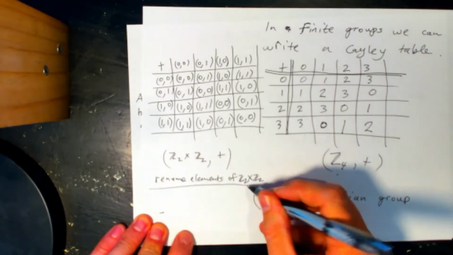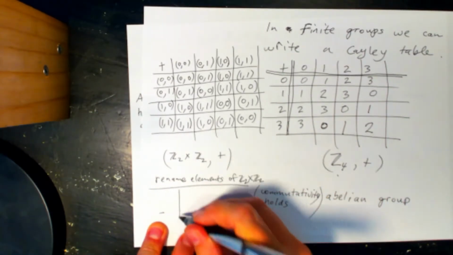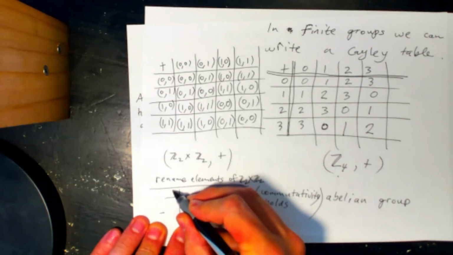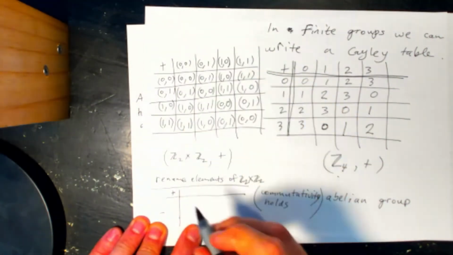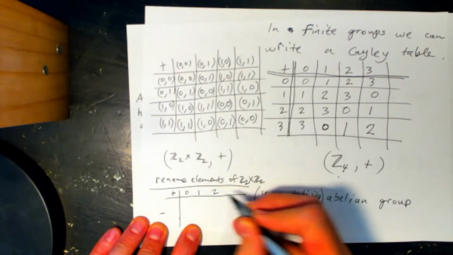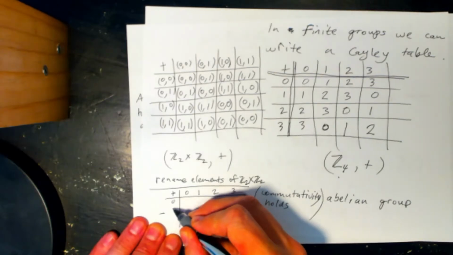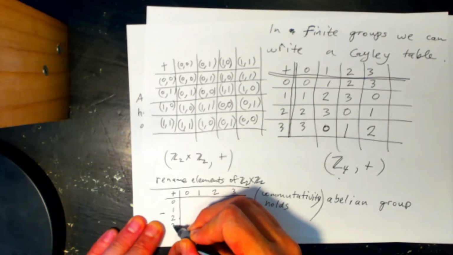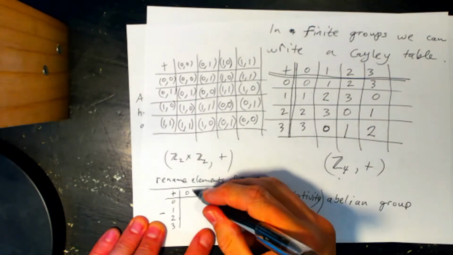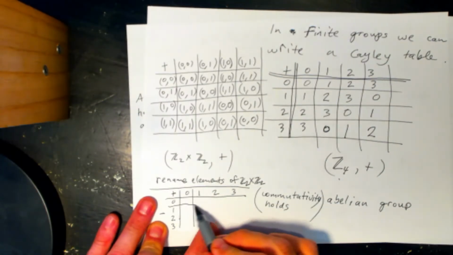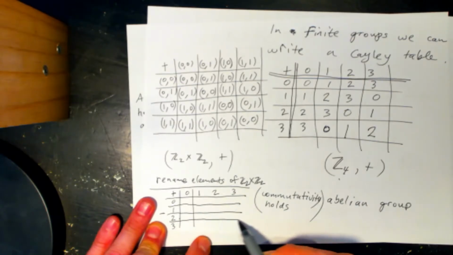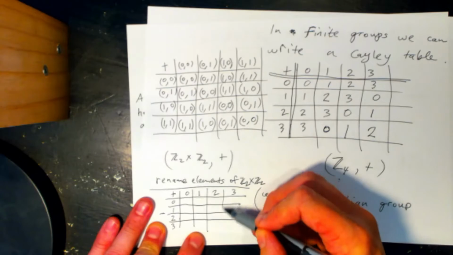If I did rename them here, I'll make a very small Cayley table so you can see. Same operation. I want to rename them in order: 0, 1, 2, and 3. So I'm just naming this one 0 here. And I'll draw up the Cayley table for that, because I think it clarifies that these are not the same structure.